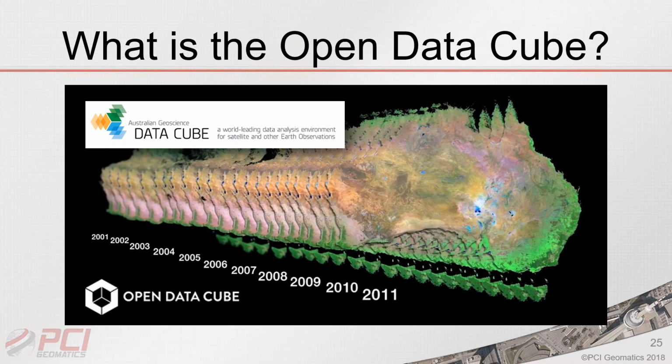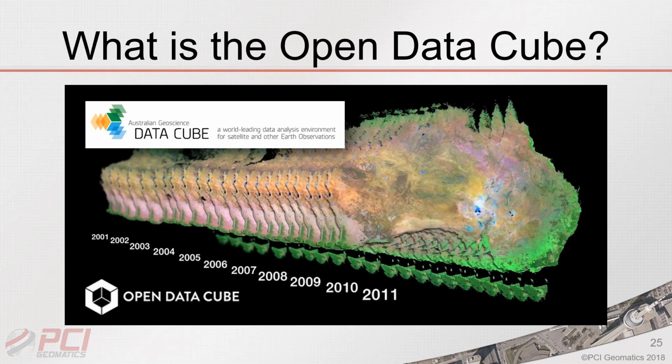What you see here is a representation of the entire continent that's been stored for a period of 30 years. Every single pixel that's ever been collected by Landsat is available through this data cube infrastructure. It has database components, and it has a specific file format known as netCDF.